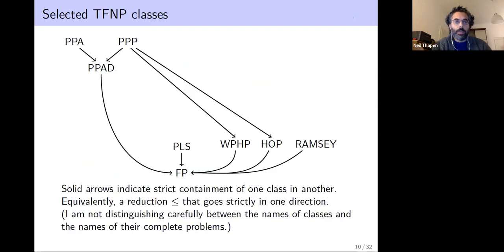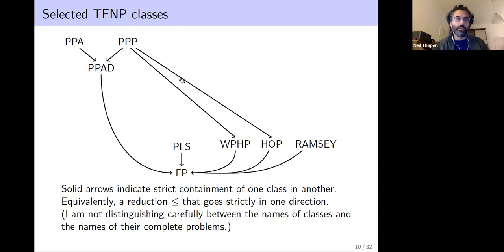So here is the first picture. So here are some fairly well-known problems. I'm not going to talk much about these ones here on the left, although you can sort of fit them in this structure. I think Robert will talk about them. I'll talk about PLS. And here we have some combinatorial problems. So this is the weak pigeonhole principle, where you have to find a collision on a function from 2n down to n.